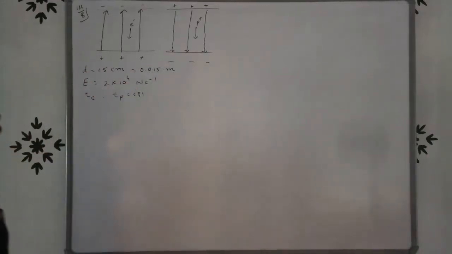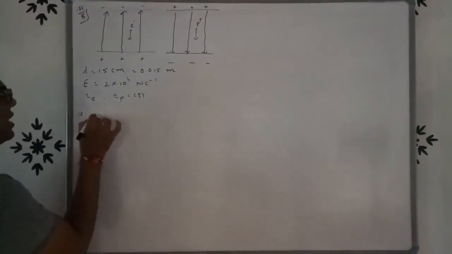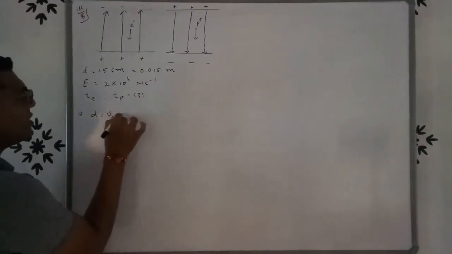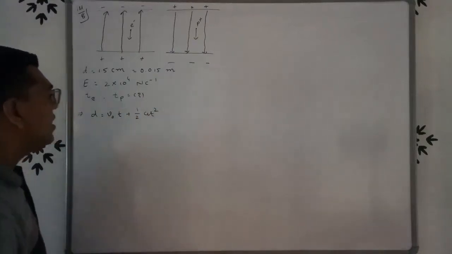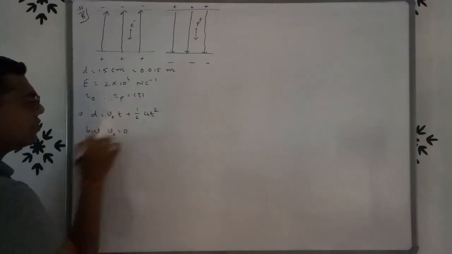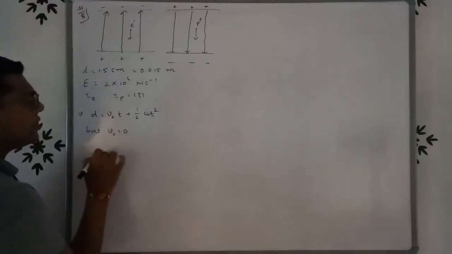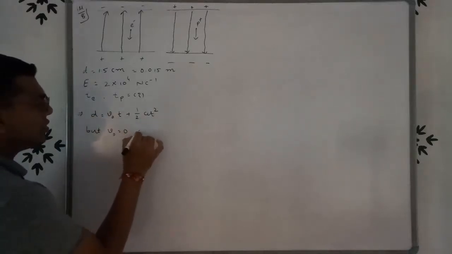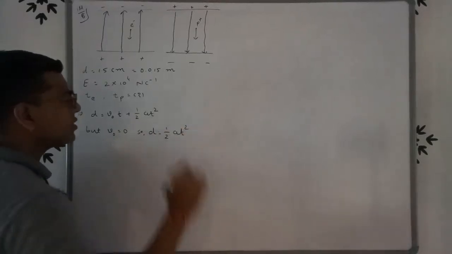Here, same case, there is a uniform accelerated motion, so we use d is equals to v0t plus 1/2 at square. But v0 is equals to 0, so we will get d is equals to 1/2 at square.